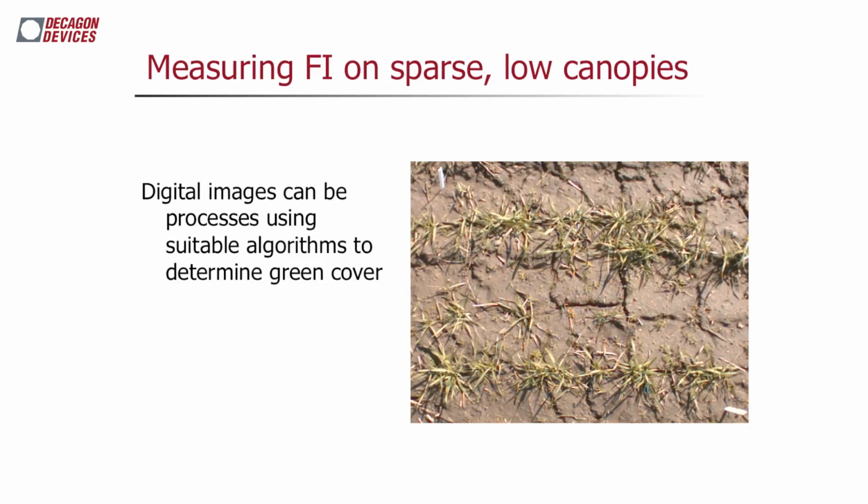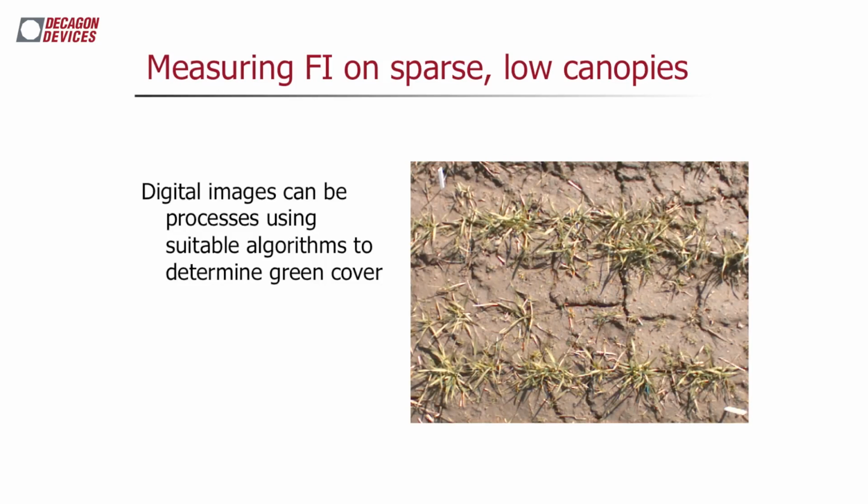Now, what about this canopy? This is a grass. There's just not much there. You're certainly not going to get a septometer underneath this canopy, and it's unlikely that an NDVI sensor would give you any good information here.